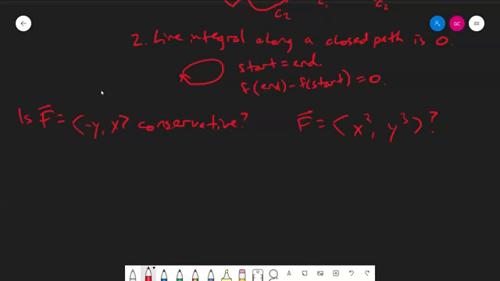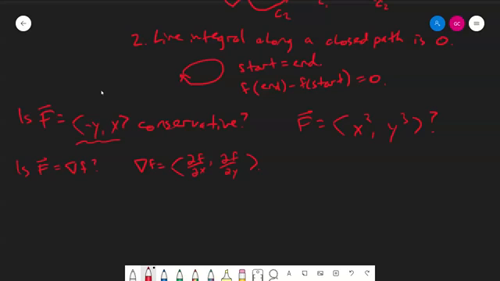Well, let's try one of these. Let's start with this one right here. So to ask is F conservative, we're asking is big F the gradient of some little f? And remember, the gradient of little f means take the partial of some function with respect to x, and then the partial of the same function with respect to y.